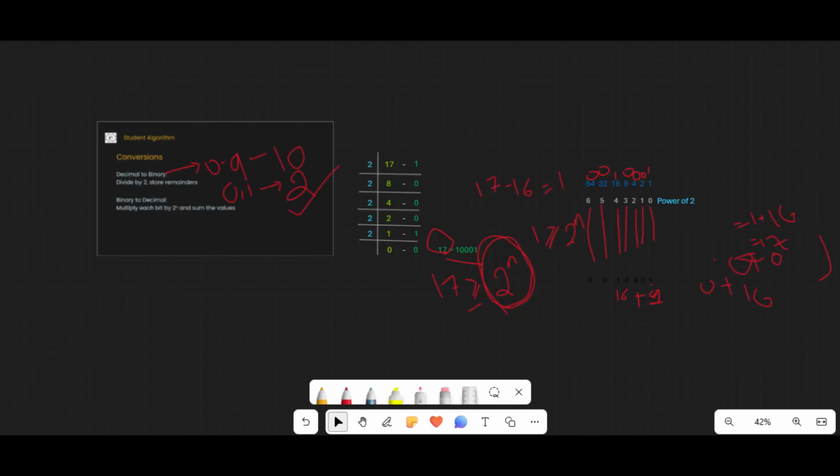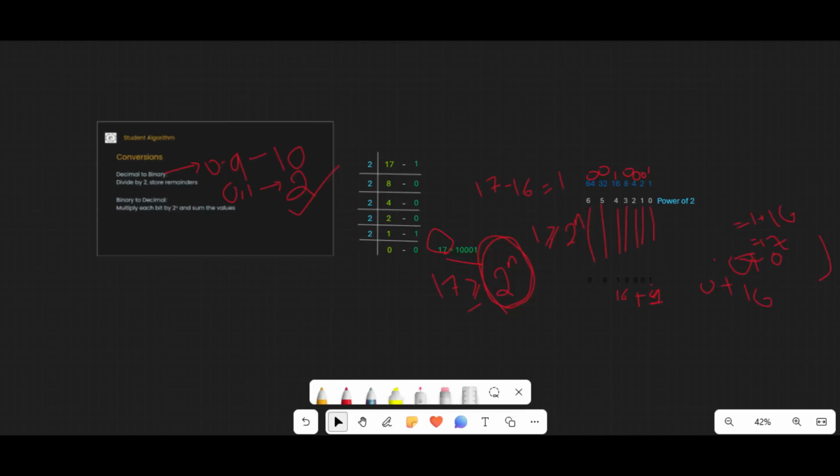Now let's move on to converting binary numbers to decimal numbers. We have powers of 2 over here. As we see, we have powers of 2. Let's consider the number 17.